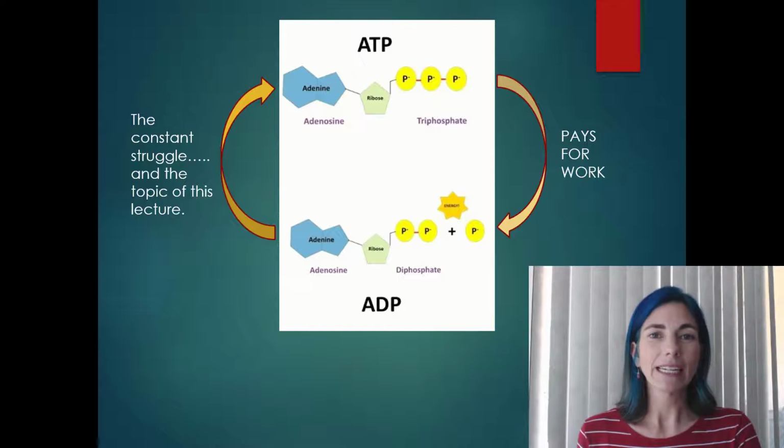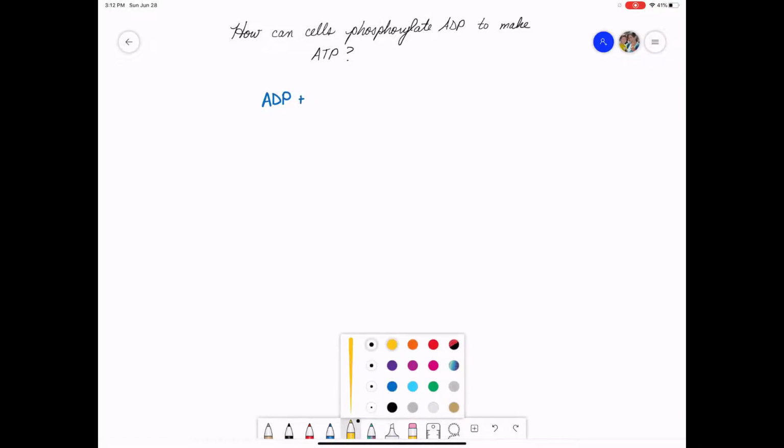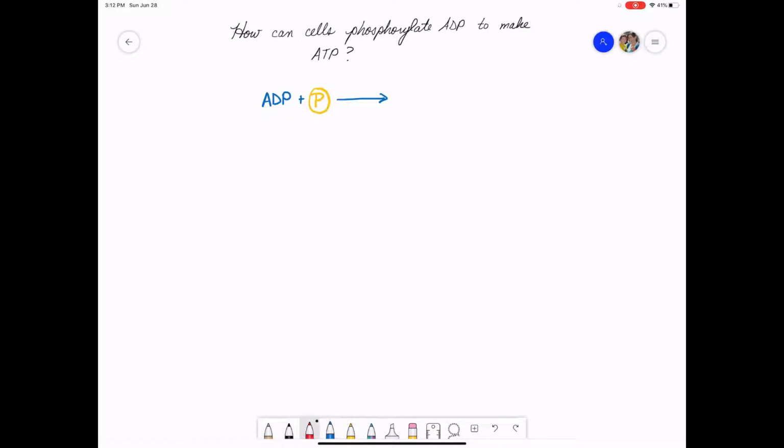Okay, I'm going to take you to my drawing pad where we are going to start talking about some of those processes. So it's very common for students to get lost in the weeds of all of the chemical reactions and lose sight of the main question. What we're trying to do is phosphorylate ADP to make ATP. So that's what making ATP is. It's attaching that 3rd phosphate group back onto ADP in order to make ATP.